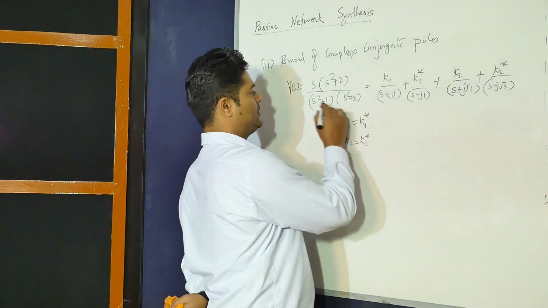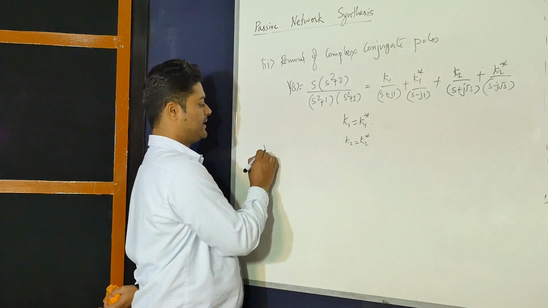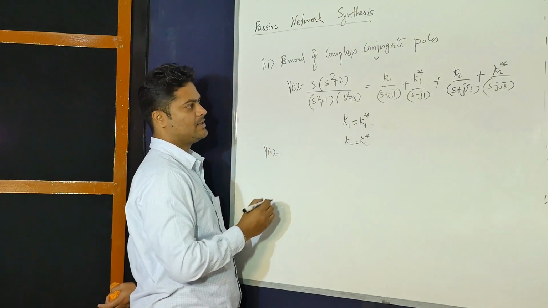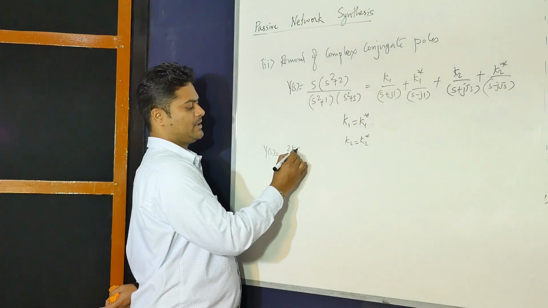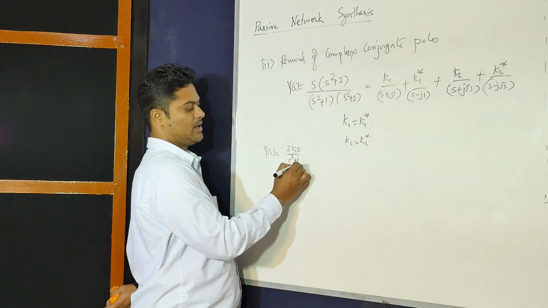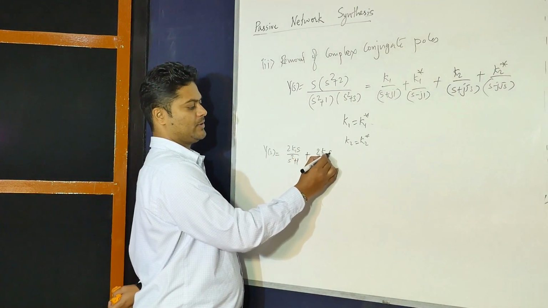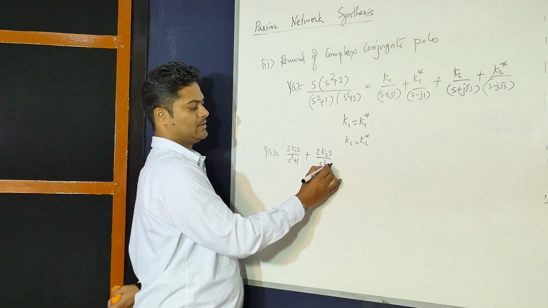Then we can write this equation, that is Y of s, as 2k1s by s square plus 1, plus 2k2s by s square plus 3.